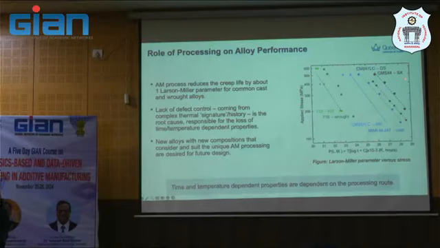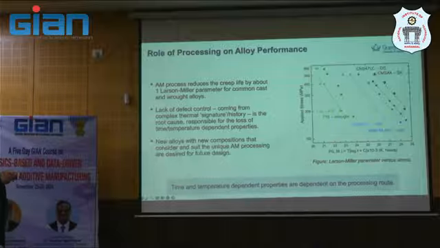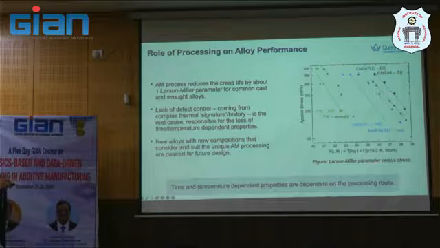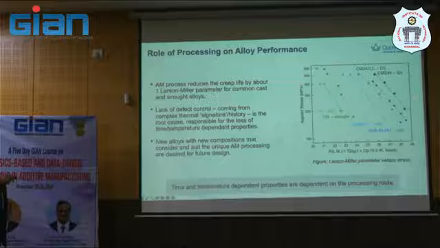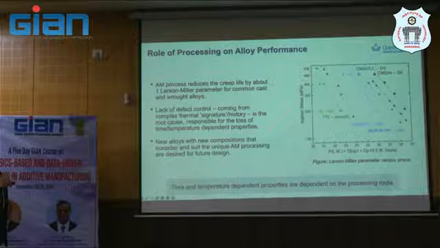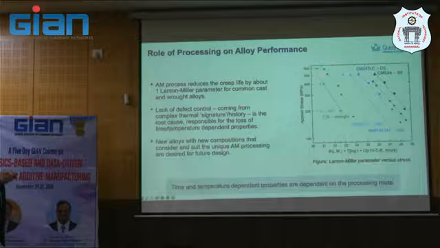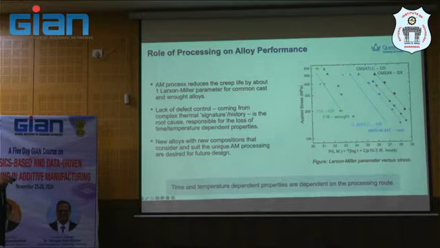If you then do additive manufacturing in the same material, the creep life is reduced further. Based on available data at that time, we compare with MA, a cast alloy, which is somewhere in the middle.